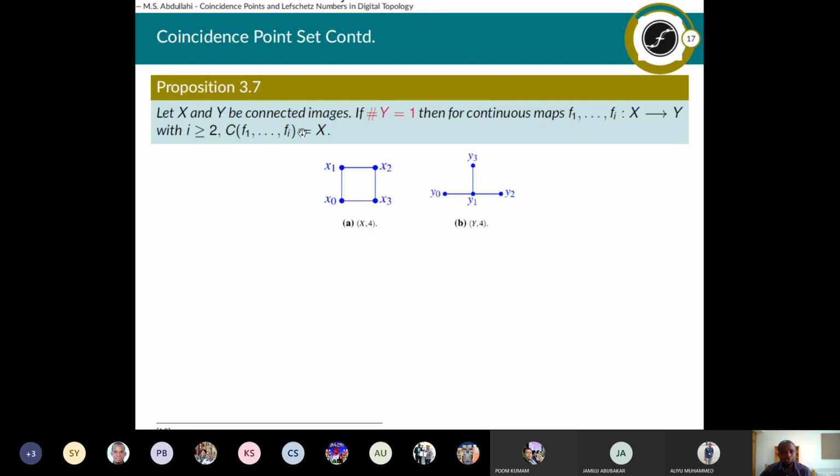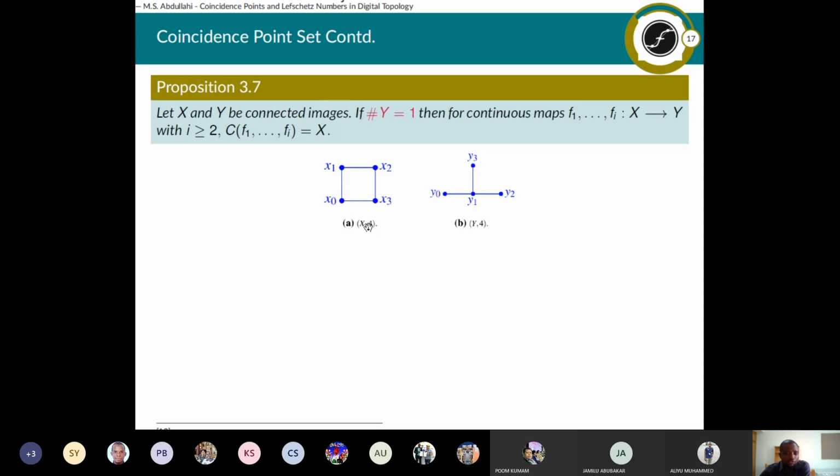Another proposition is about what happens if the cardinality of the image Y is equal to 1. If this happens, then the set, instead of being an empty set, will be the whole set X. One example is this.